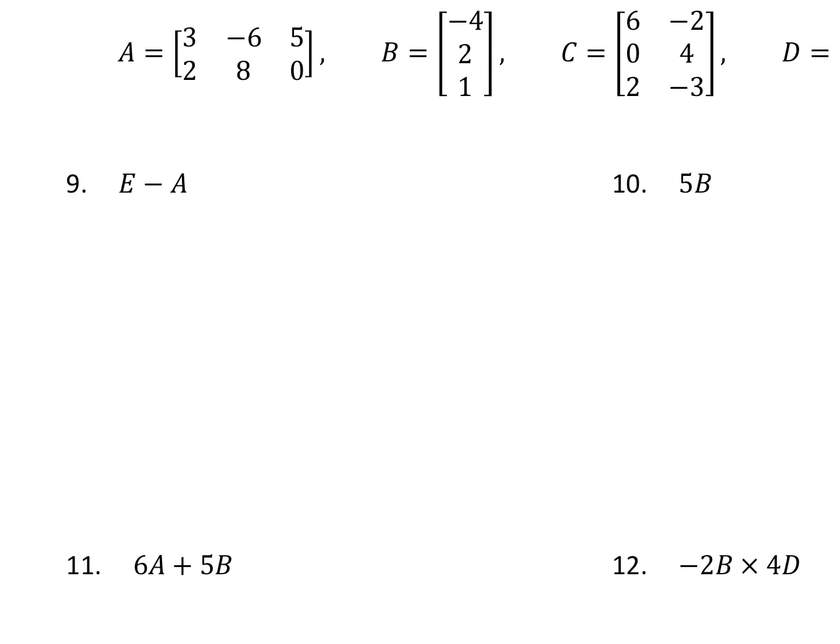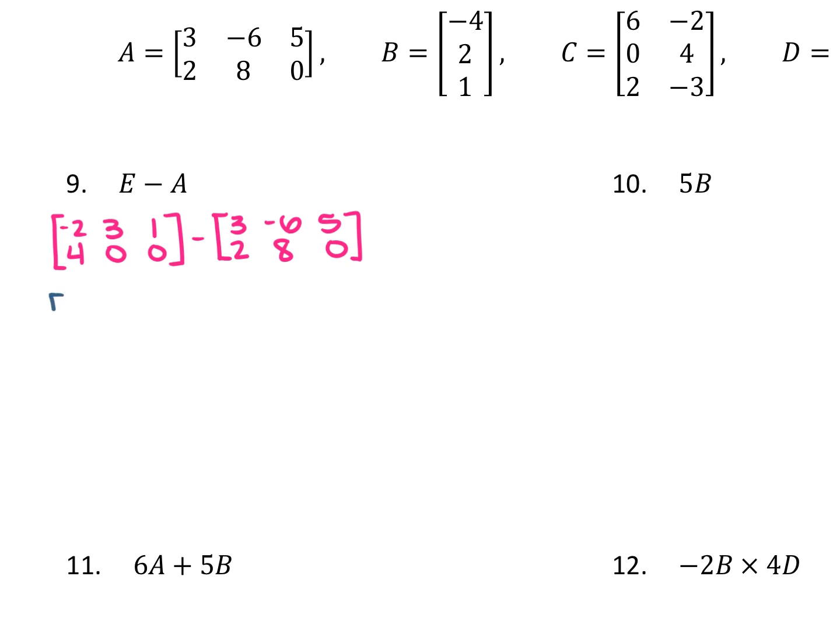So we're going to take E, which is the -2, 3, 1, 4, 0, 0, and subtract it with A, which is the 3, -6, 5, 2, 8, and 0. So remember, with these, you are going to subtract the same position number from each of the matrices.